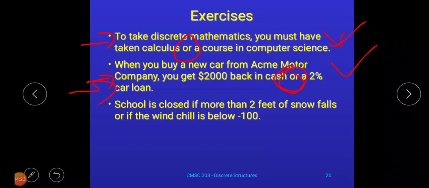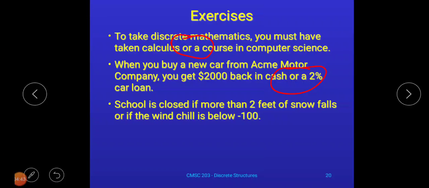Here in the English statements, in both cases they have mentioned or. But if we try to understand these two examples from the discrete mathematics point of view, then this or is different from that one.